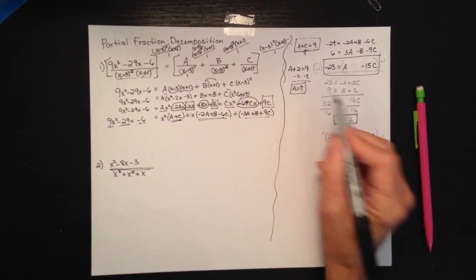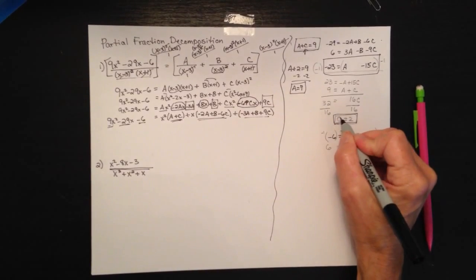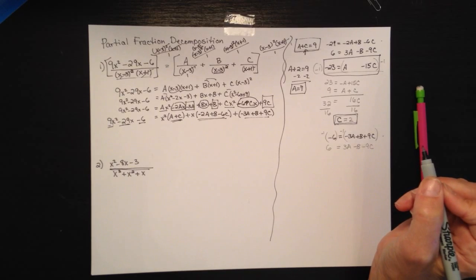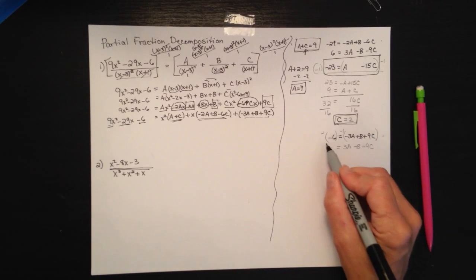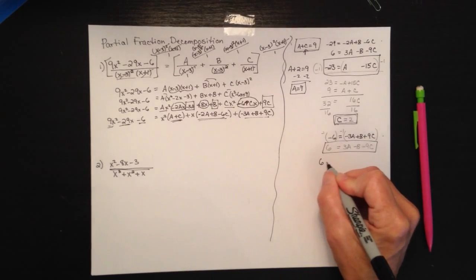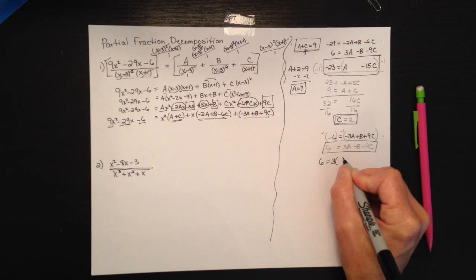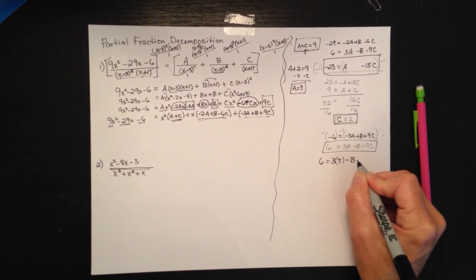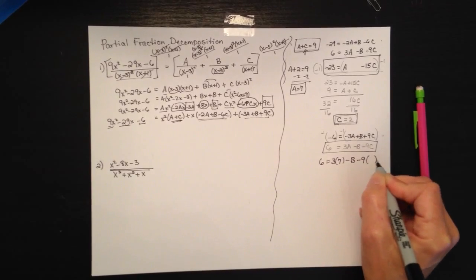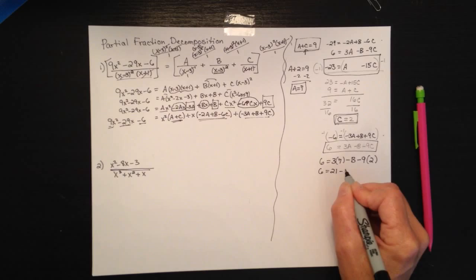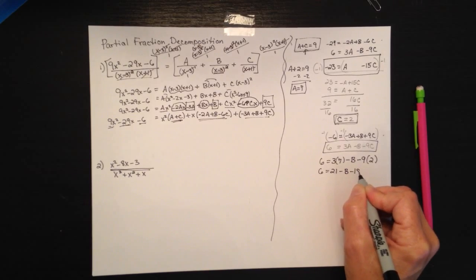Now I know what a is, now I know what c is, and so I can use that information and plug it into any equation that I see to solve for b. What I'm going to do is plug it into this equation right here. This looks not too bad. This is 6 is equal to 3 times a, but instead of a, I'm going to substitute in 7, minus b minus 9 times c, and c is equal to 2. 6 equals 21 minus b minus 18.